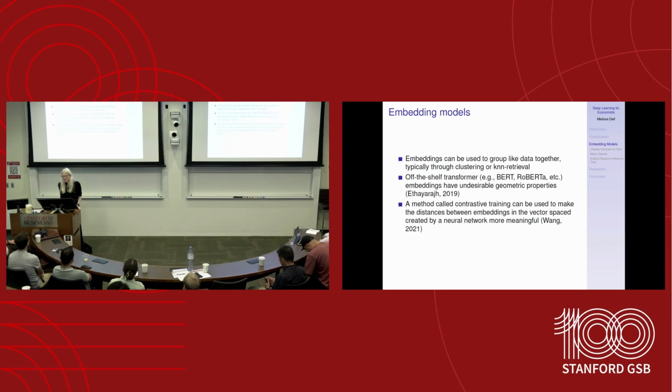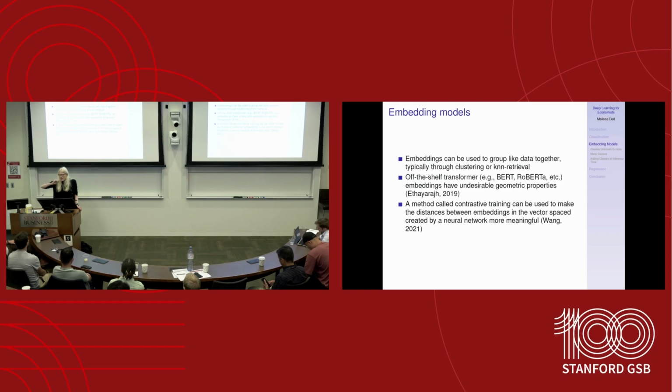The first thing that I'll say is you generally do not want to work with the embeddings of off-the-shelf transformer models. So that would be like BERT, RoBERTa, GPT, just off-the-shelf transformer models. And the reason for that is they have some undesirable geometric properties. They're anisotropic.